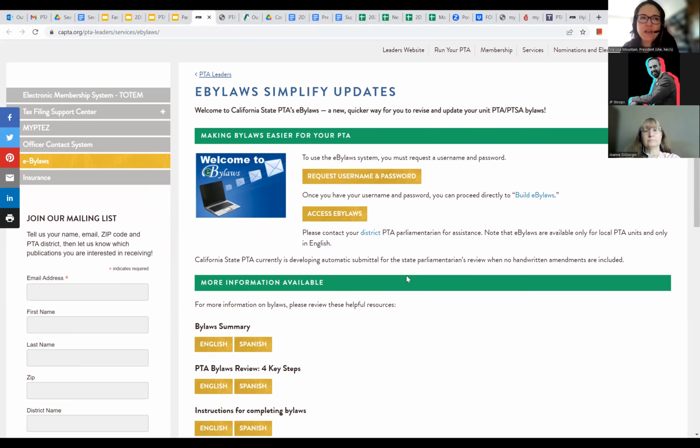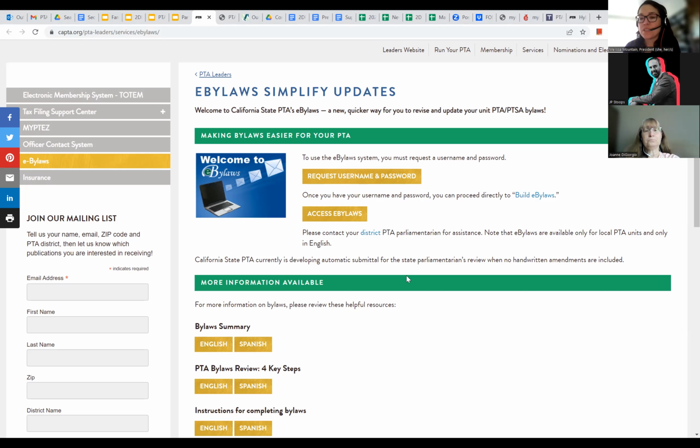And it's the easiest way because it basically is like a survey, and it will ask you, when do you want your meeting dates? What are your committees? Which officers do you want? And it'll help you calculate the quorums that are available to you as well. And it spits out a PDF version of your bylaws, and that's what you will submit to us via email.